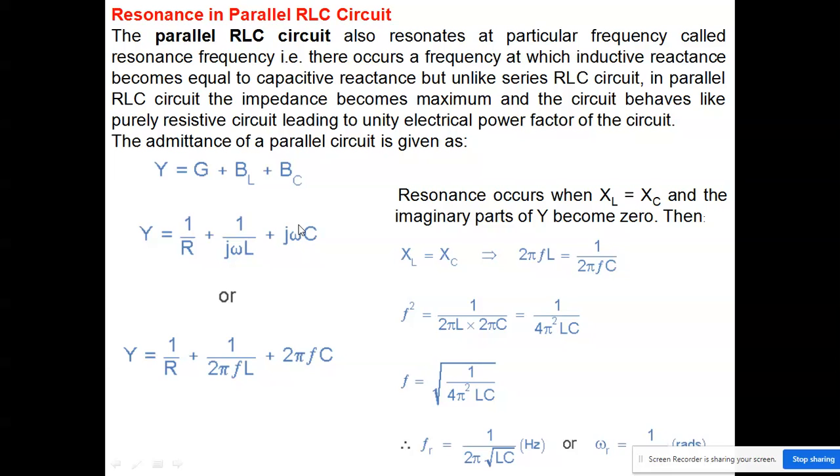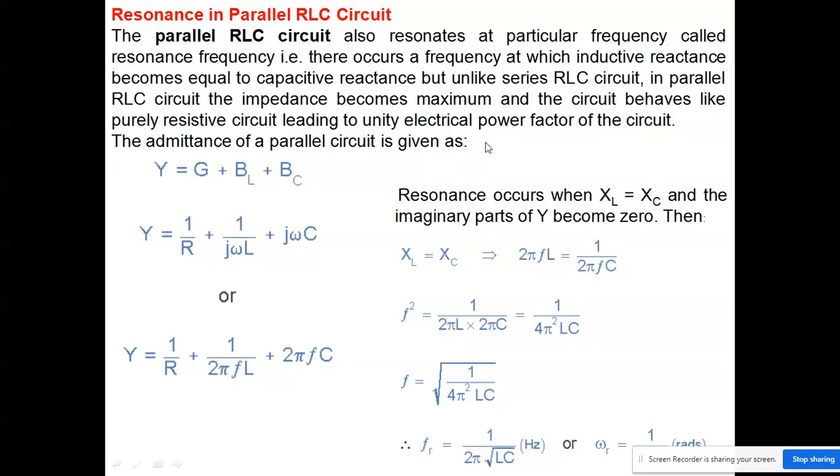XC is nothing but 1 upon omega C, so that's why it comes this way. You can also write it this way by putting omega equal to this and this. The J is here only to explain the meaning of the J operator, whether it is a leading or lagging factor. That is the only meaning to represent here.